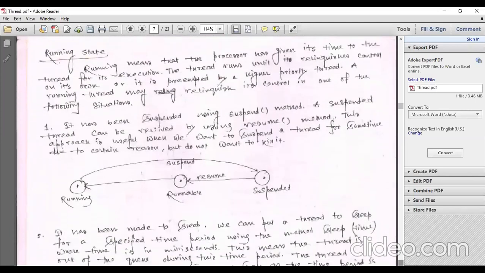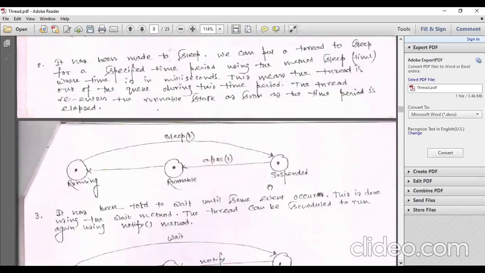Another situation is it has been made to sleep. That is also a way to move the thread to block state. The sleep method takes one parameter, that is time, which is in milliseconds. This means the thread is out of the queue, not even in the runnable state.